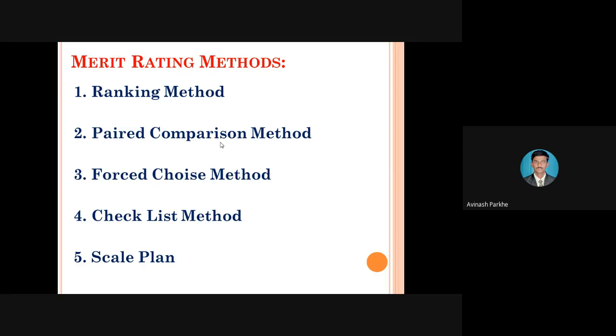Then the forced choice method. What is meant by the forced choice method? In this method, we are checking the behavior of the operator. For example, the worker is there, and their supervisor is checking the performance of his worker.